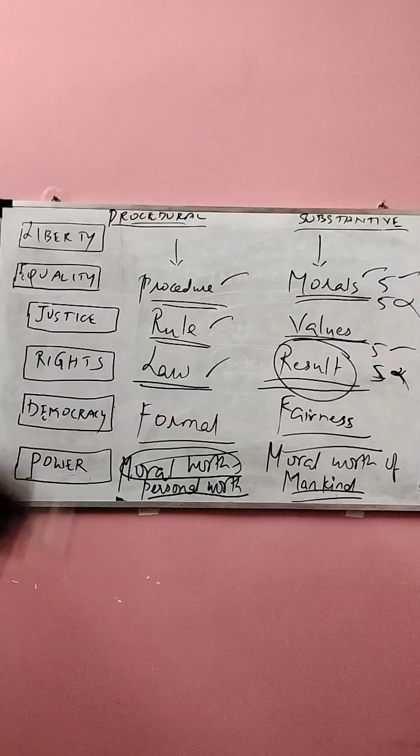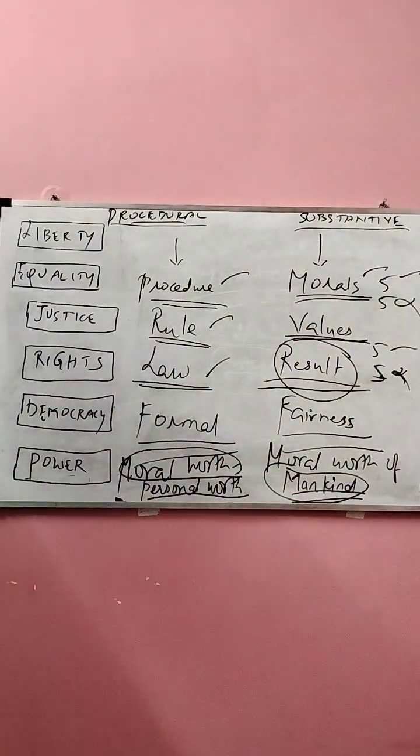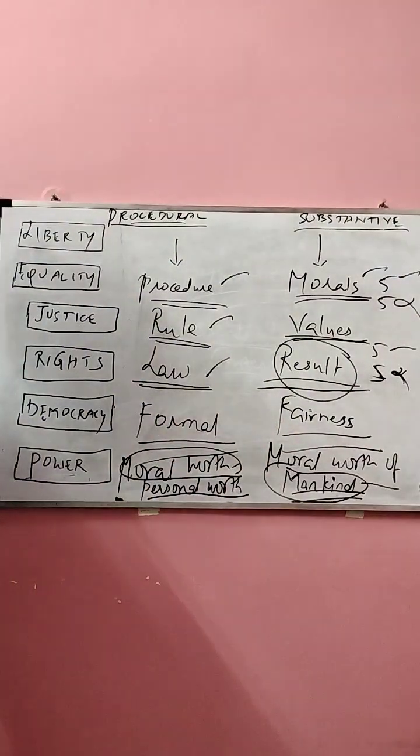Coming to substantive. Substantive takes into account the moral worth of mankind itself. The entire human community is taken into account as such. A scholar following this tradition will not accept the argument of the first scholar. He will tell that it is morally wrong to allow the rich to become richer and allow the poor to remain poorer, because it takes into account mankind as a unit.